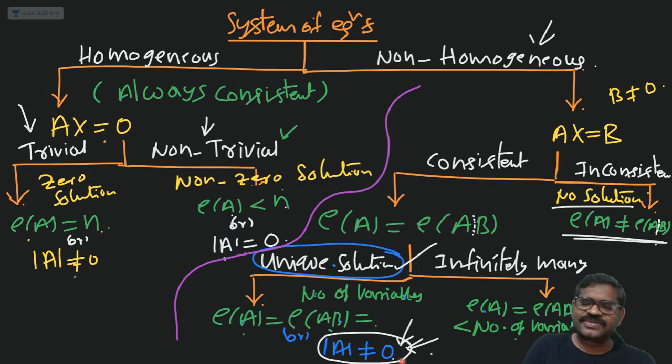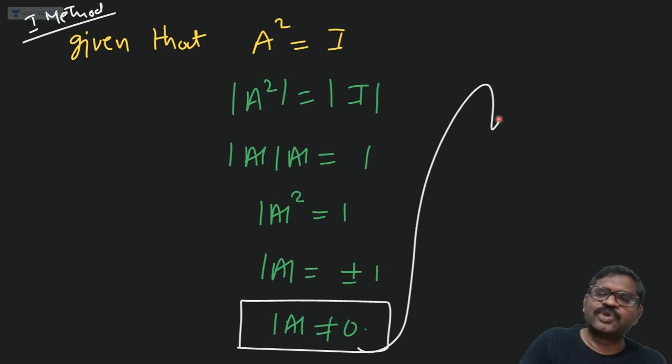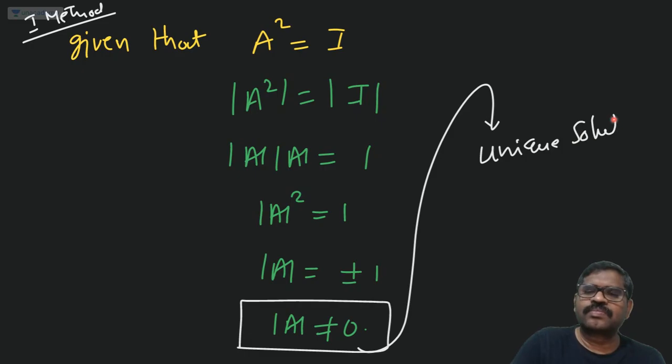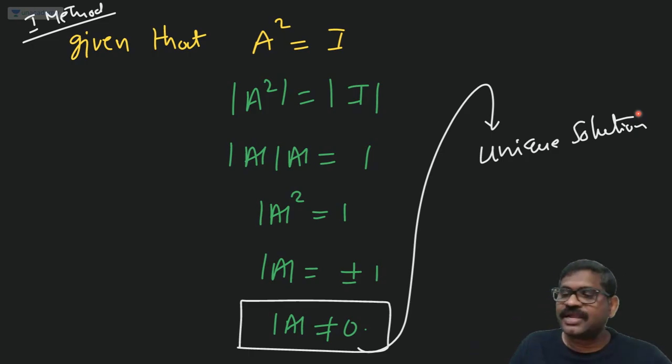That's why here you can write unique solution. Understood? This is the first method. Now I am explaining the second method.